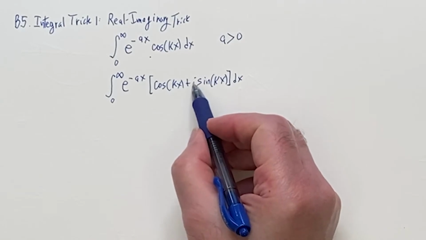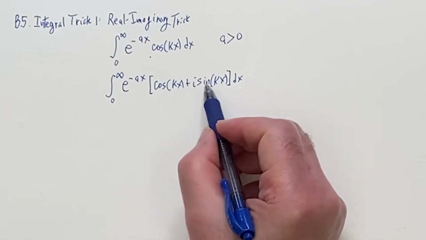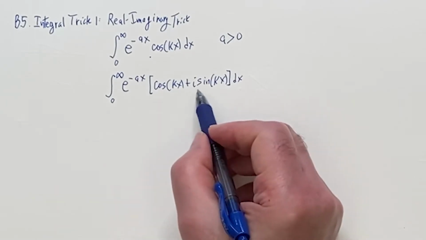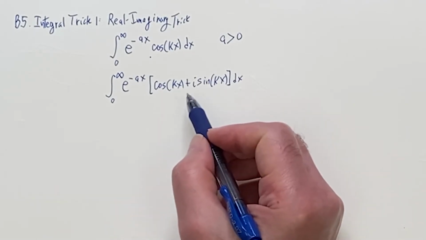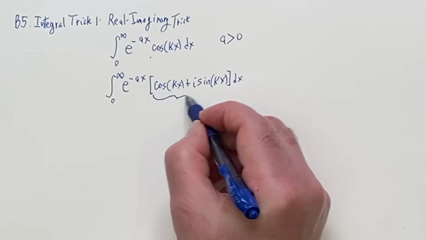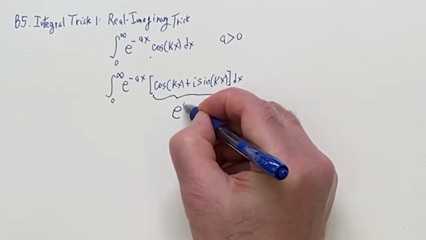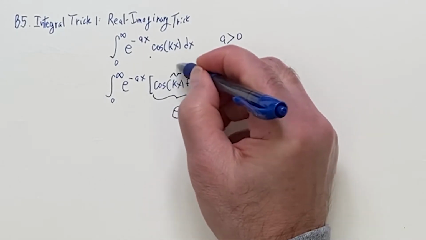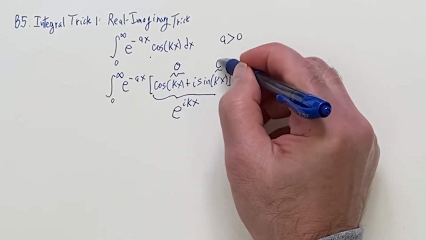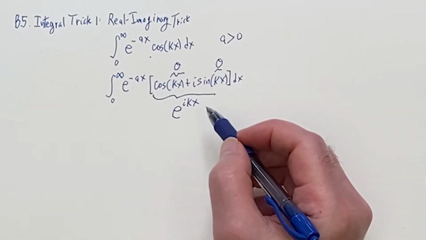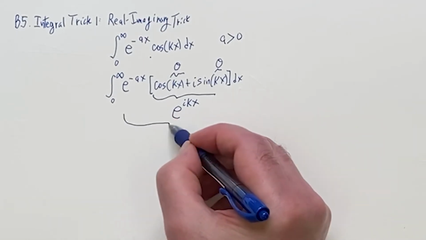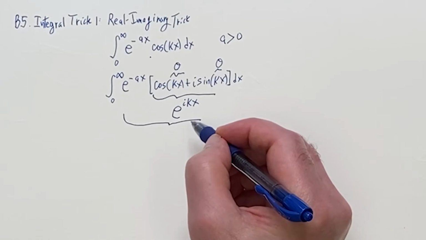But since the i is there, it'll separate and keep these apart from each other. This is a real part and this is an imaginary part. They won't be able to mix. And since this is e to the i kx via the Euler relation, if that's your theta in there, then this is e to the i theta, as we looked at already, and this integral becomes very easy to do.